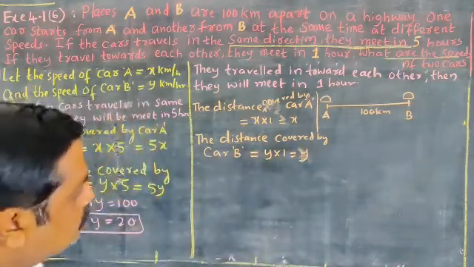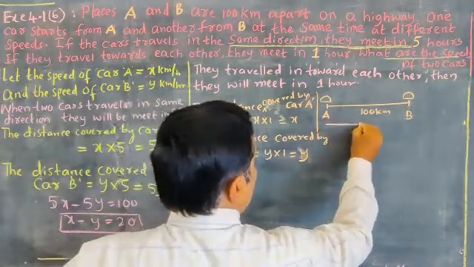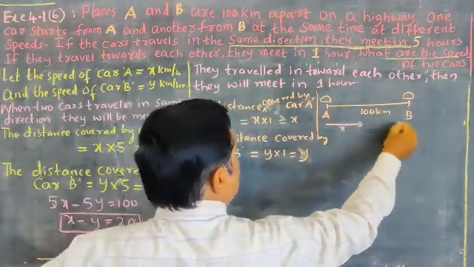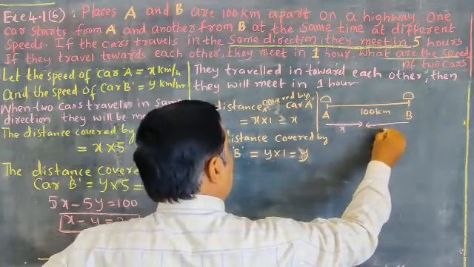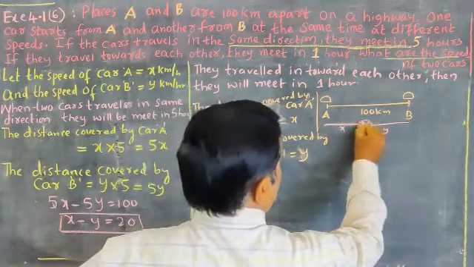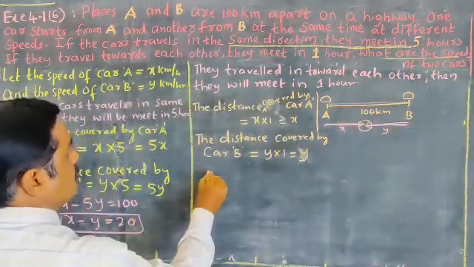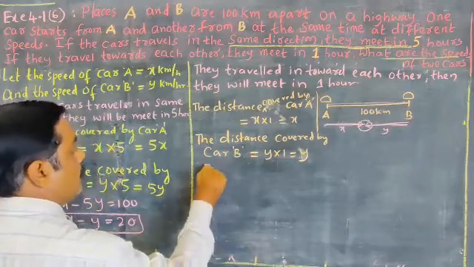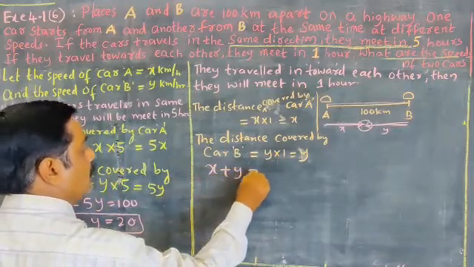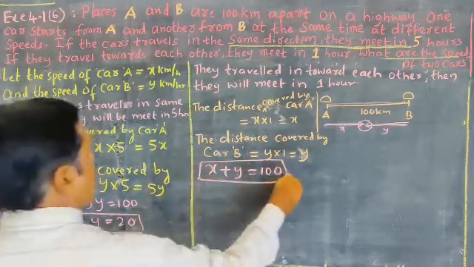Is it clear now? So once you check here, car A travels x kilometers and car B travels y kilometers. Here they match. x plus y is equal to what? 100. So x plus y is equal to 100. This is equation number 2.